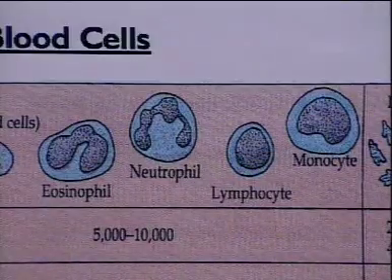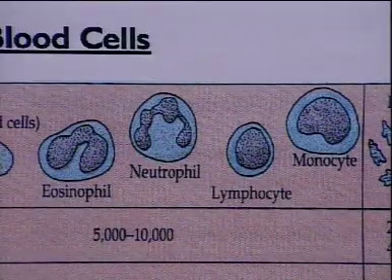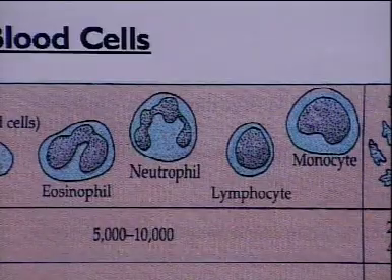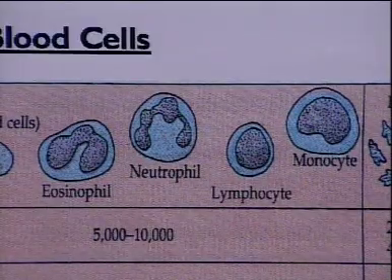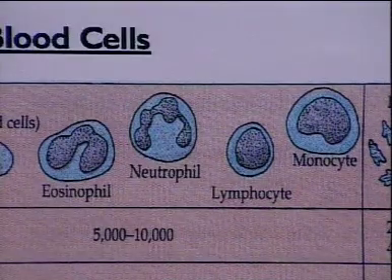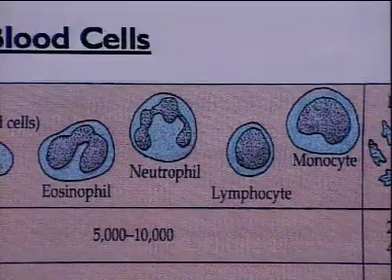They have a large nucleus which is round or oval in shape and only a small quantity of cytoplasm. Their major function is to mediate immune reaction such as antibody production, graft rejection, and tumor cell killing.